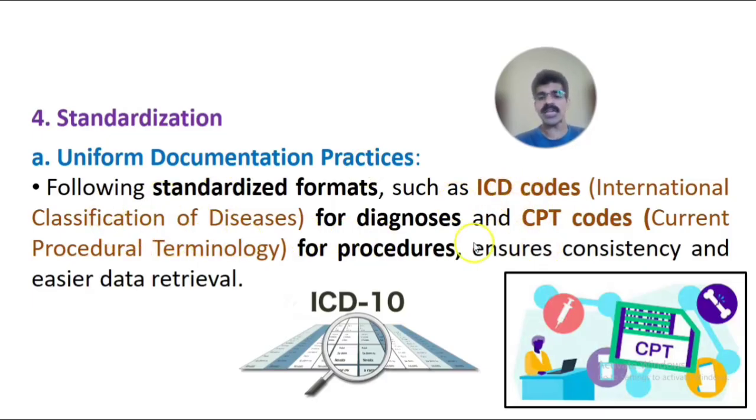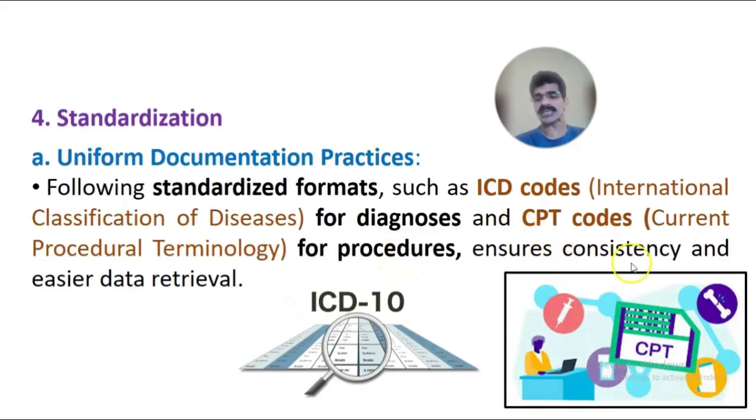At the same time, whenever we record procedures, various nursing procedures and other medical procedures, we have to follow the CPT codes, that is Current Procedural Terminology codes. So whenever we do coding in the patient medical health record, we have to use ICD codes and CPT codes for diagnosis and for nursing care procedures respectively.